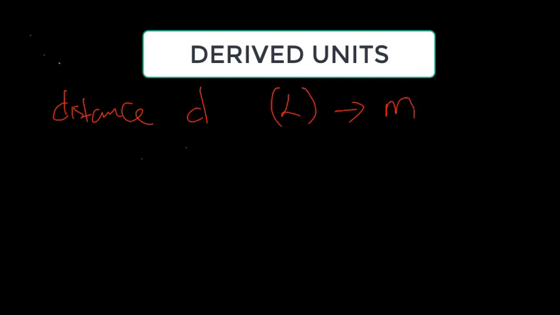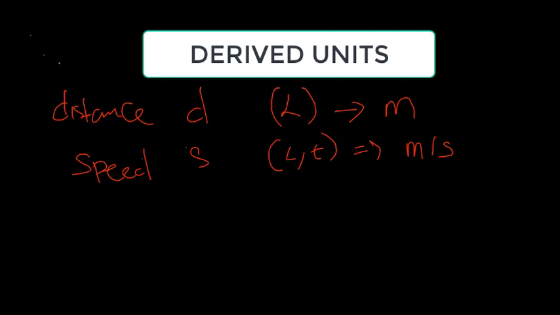So in the case of speed, small letter s, we know that speed is just a combination of length and time, and by formula speed is just the distance over time. That simply means that the unit derived for speed will just be meters per second.